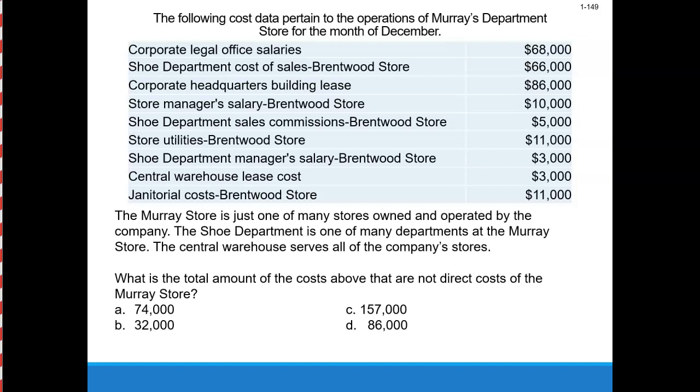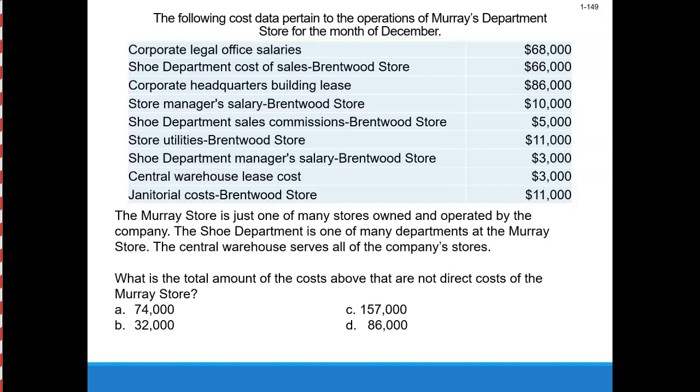Here we've got Murray's department. The Murray store is just one of many stores owned and operated by the company. The shoe department is one of many departments at the Murray store. The central warehouse serves all of the company stores.